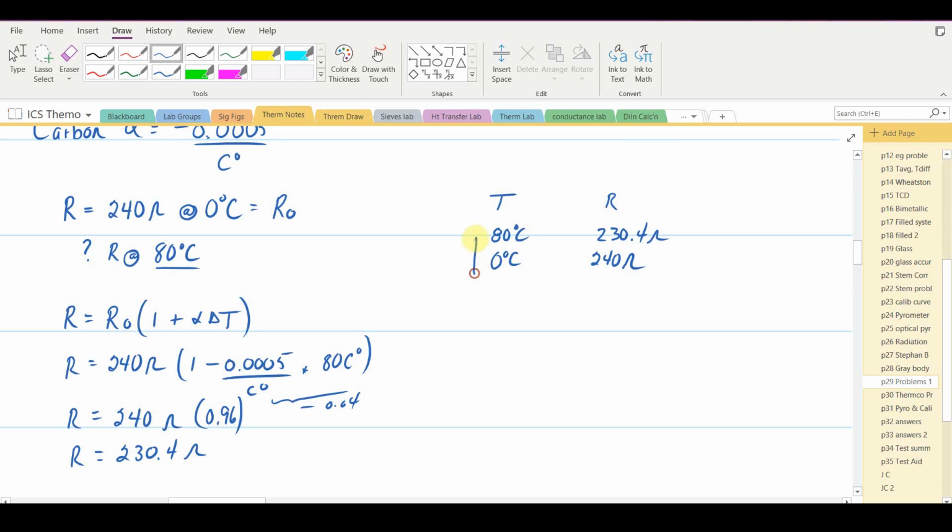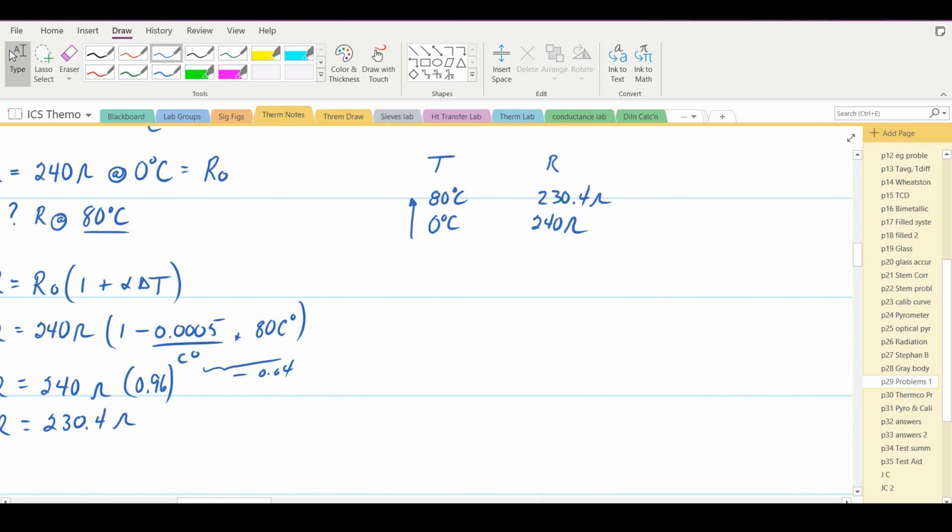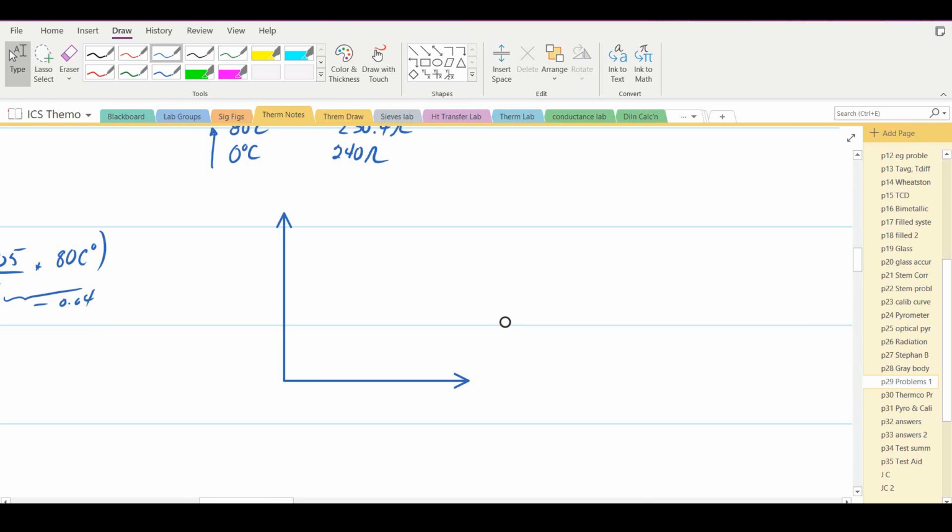So as the temperature is increasing, the resistance is actually decreasing. That's not surprising, since it is, in fact, a nonmetal. Let me just quickly sketch this. So when we plotted R over R sub 0 delta T for a metal, well, we had something like this.